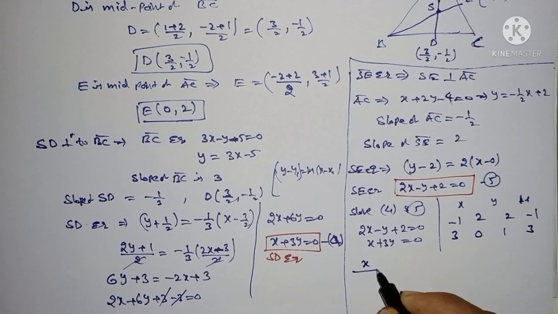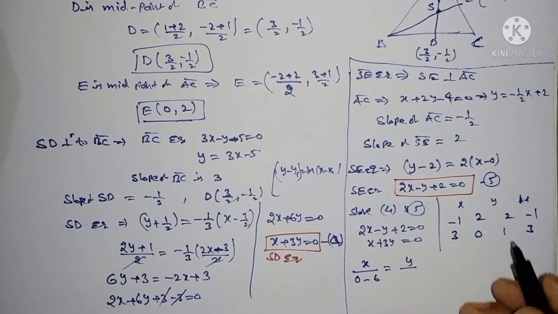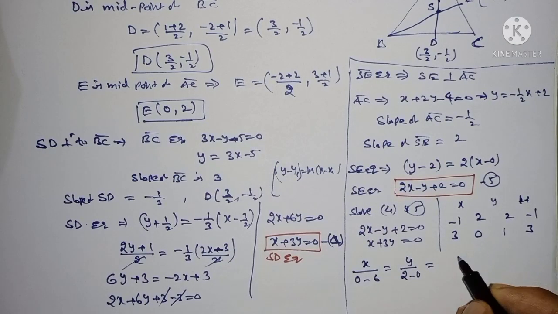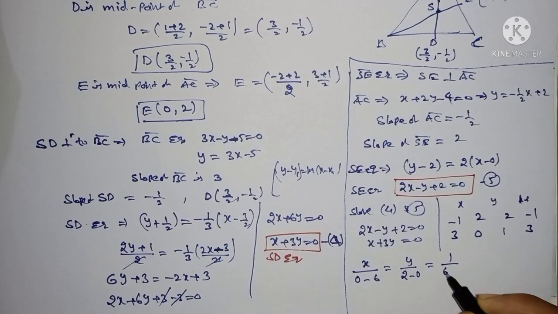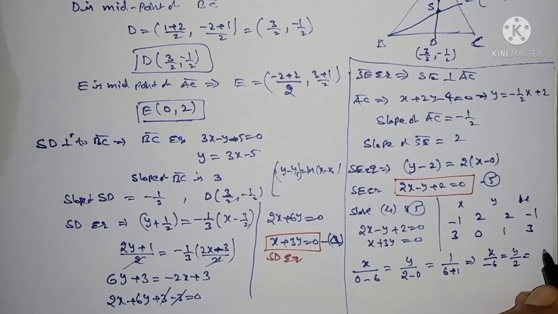Therefore, x by 0 minus 6 is equal to y by 2 minus 0 is equal to 1 by 6 plus 1. Therefore, x by minus 6, y by 2 is equal to 1 by 7.